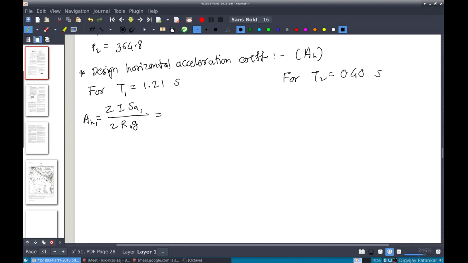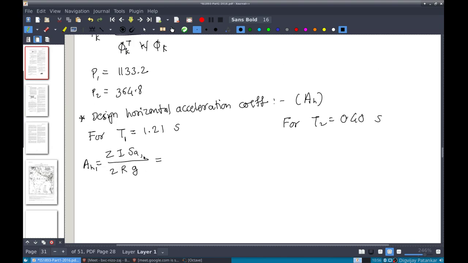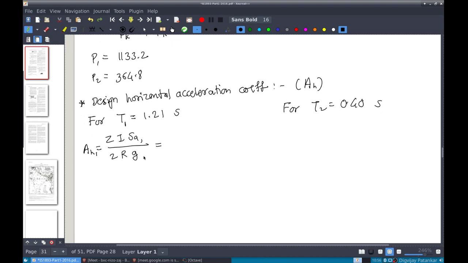It is zone 4. So you must have a special moment resisting frame. So this has to be 5. And then Sa/g, you know the expression for 1.21, and assume what kind of strata Roorkee has, I don't know actually. Let us assume hard rock itself.